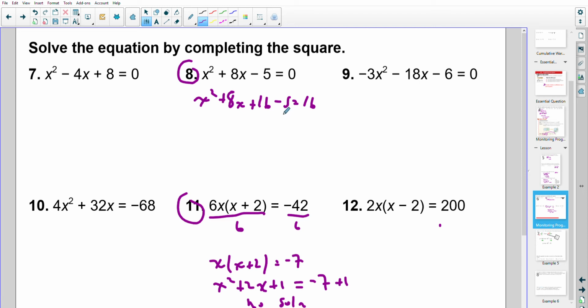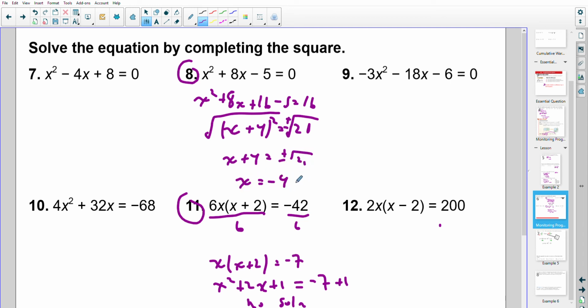All right, so this becomes x plus 4 squared equals 21. Taking the square root of both sides. X plus 4 equals plus or minus the square root of 21. Therefore, the answer is x equals -4 plus or minus the square root of 21. Can't simplify that, and that would be your answer.